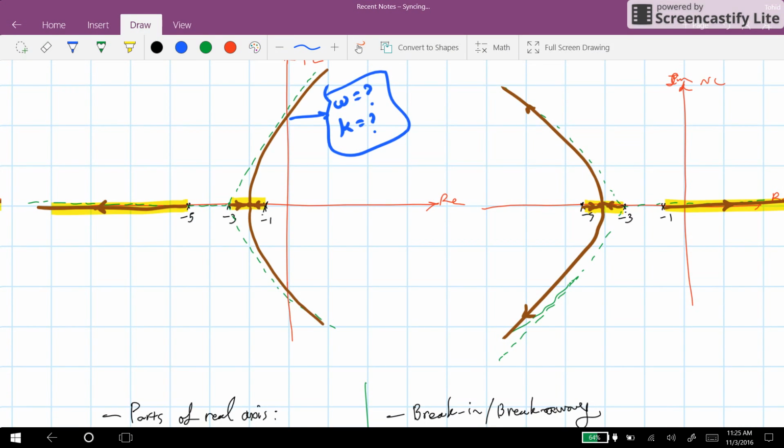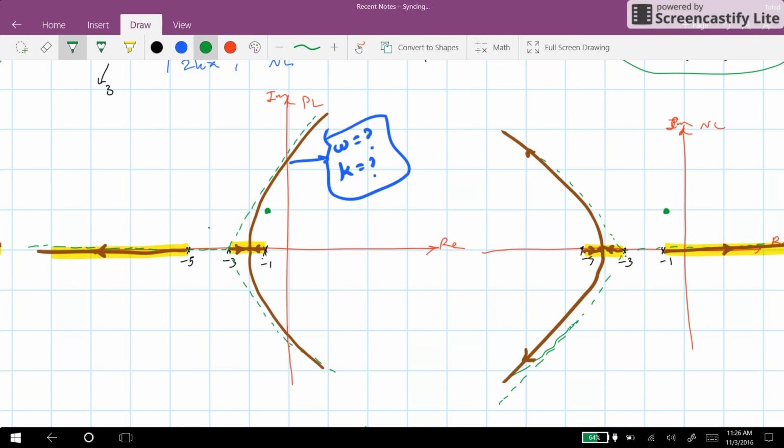Looking at the root locus for the positive and negative locus, we may think there might be a point in the positive locus which could satisfy the amplitude and phase conditions. But that value of k could belong only to the positive locus, because with the negative locus there's no way of having the closed loop pole at this point. So we know for sure that if there's such a k, the k will be positive.